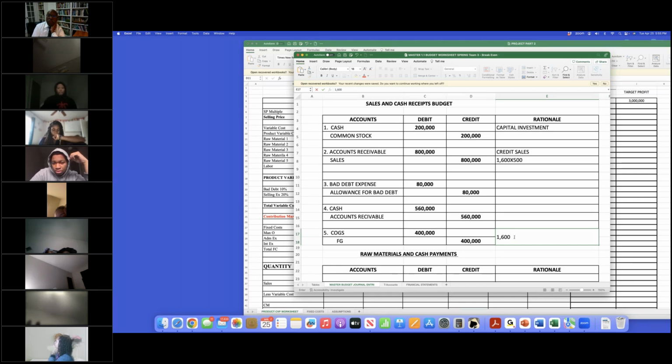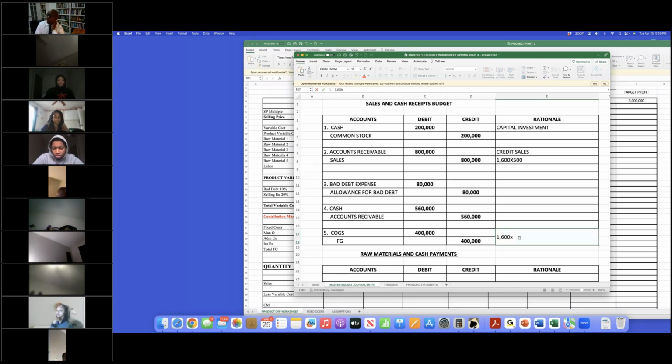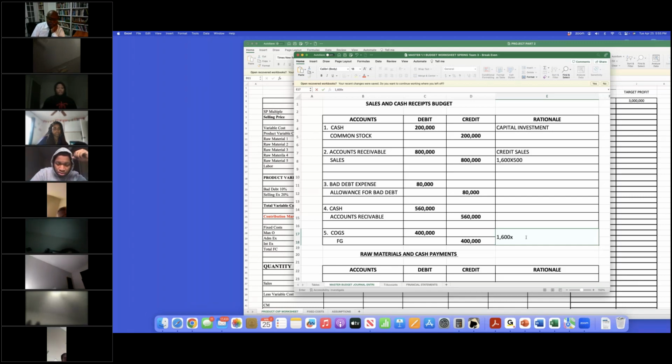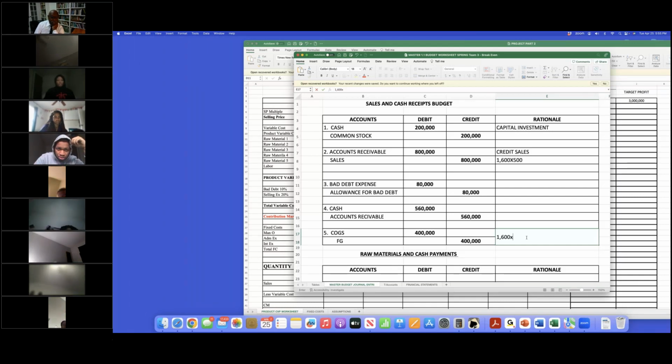Now, what do I need to multiply it by? What is that big number I bolded on those assumptions? $100. You need the product variable cost.